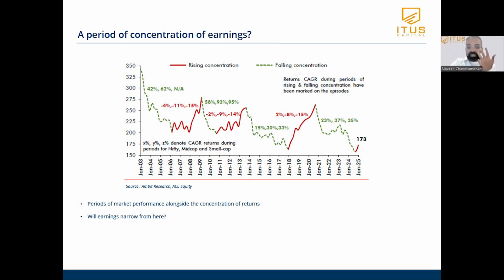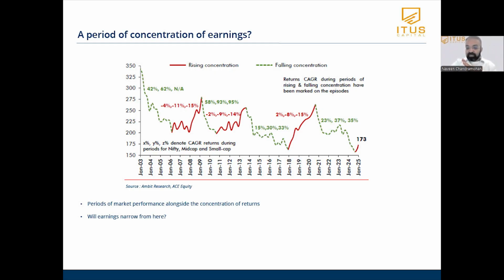So what does this mean, right? This does not mean you have to go and sell all your mid and small caps, because that's not what I'm saying. I'm saying just because mid and small caps have fallen 25%, many people want to invest in the index. I don't think it's a broad-based rally anymore as far as mid and small caps is concerned. But it doesn't mean you have to blanket sell it.